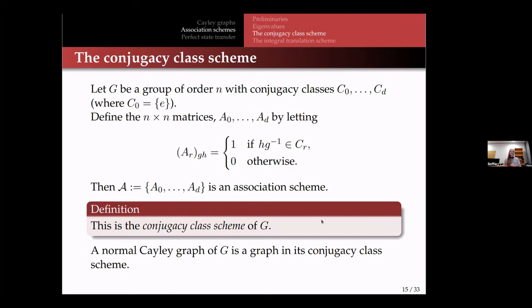So we have an alternative definition of a normal Cayley graph. Actually, it's a graph that lives in a conjugacy class scheme.